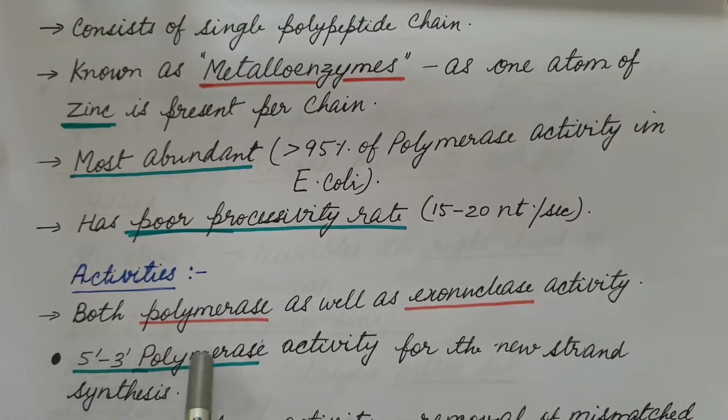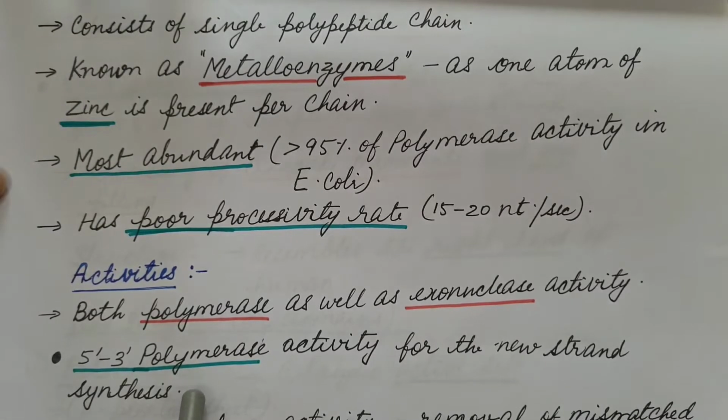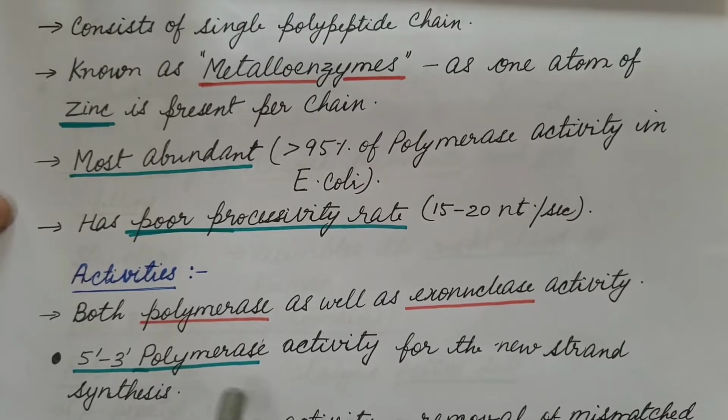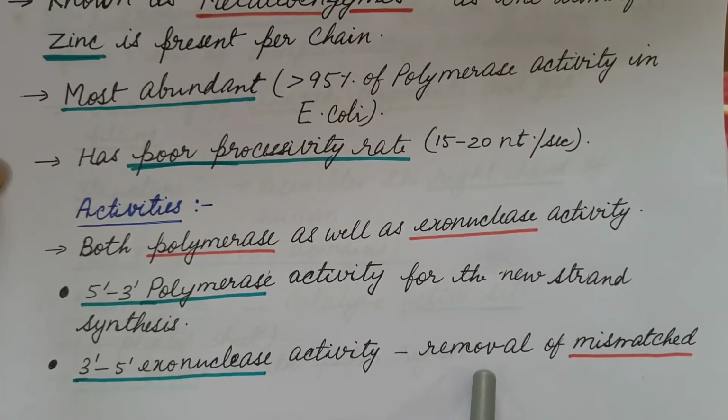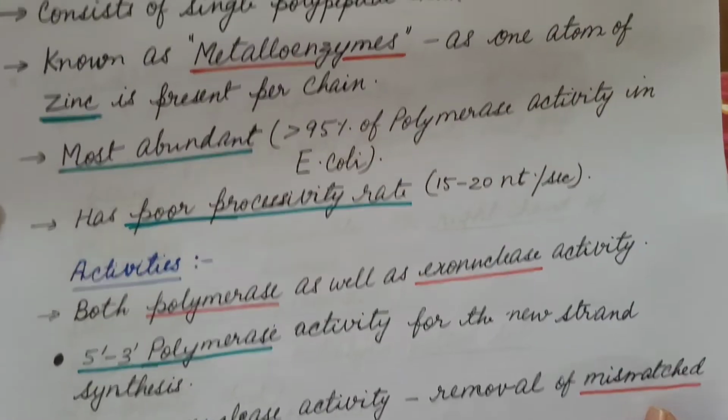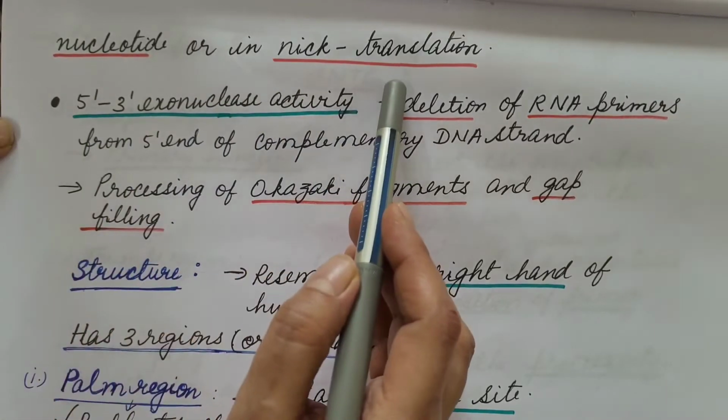First is 5'-3' polymerase activity for the new strand synthesis. This synthesizes the new strand that is complementary to the template strand. Then 3'-5' exonuclease activity, that is removal of mismatched nucleotide or in nick translation.